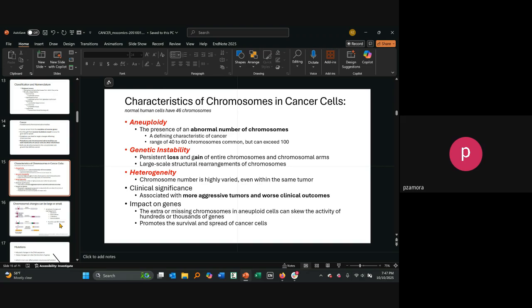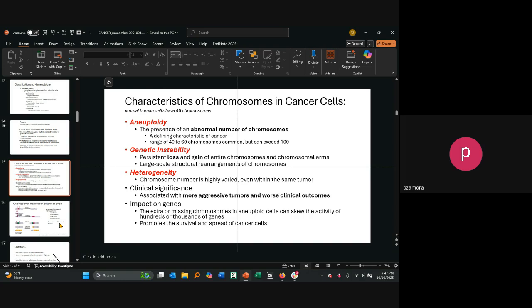Cancer cells, on the other hand, have a range of different chromosome numbers, and 40 to 60 is very common. This can exceed 100 chromosomes per cell or more in some cases, especially in very advanced cancers. So clearly, chromosome number is totally out of whack in cancer cells.